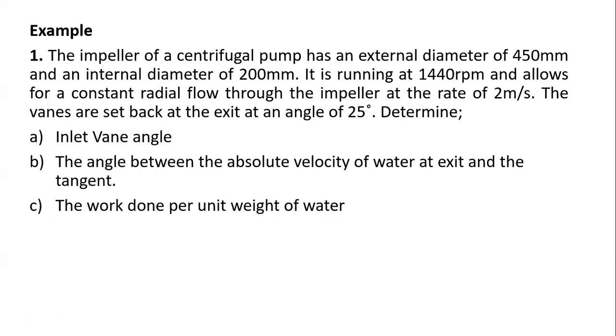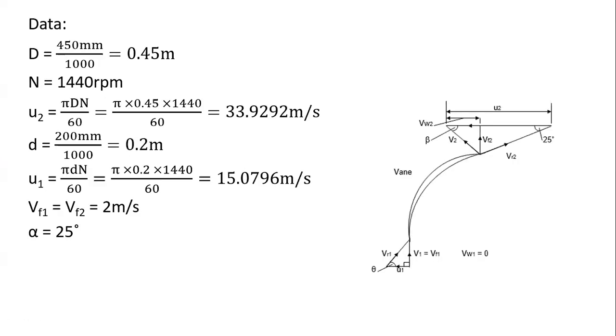Now, let's get this straight. Taking you back to the question so that you can understand what it is saying. It says a constant radial flow through the impeller at 2 meters per second. What is the meaning of this statement? It's what we have written here. The velocity of flow at inlet, VF1, is equal to the velocity of flow at exit.